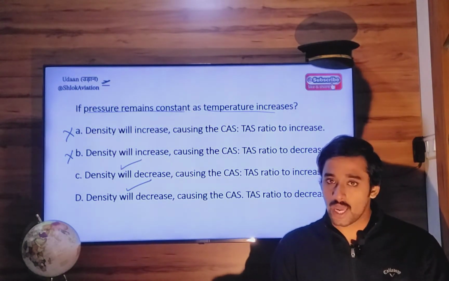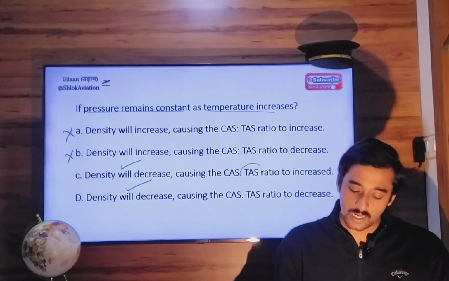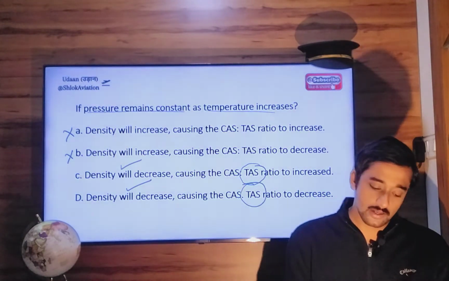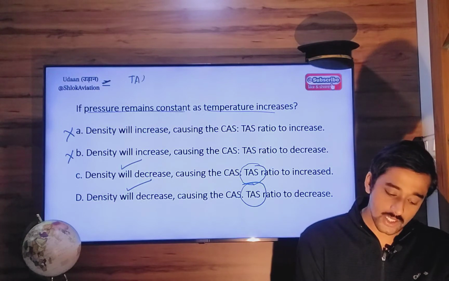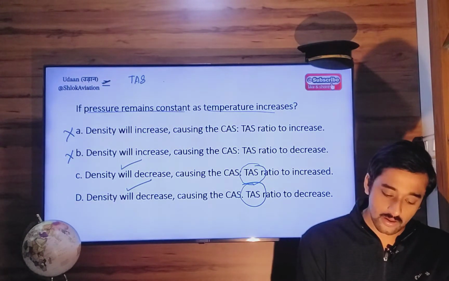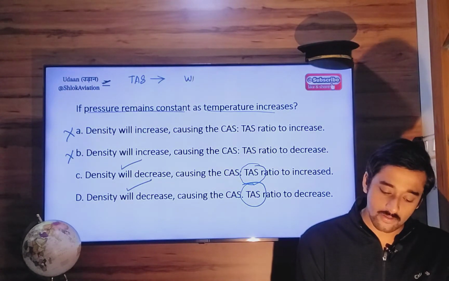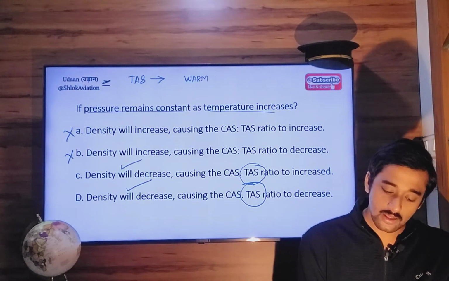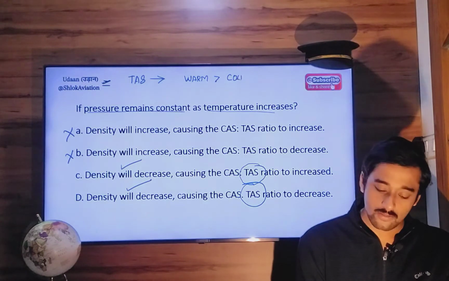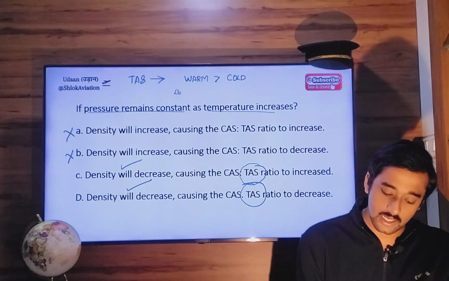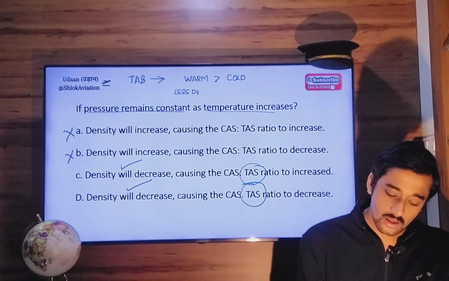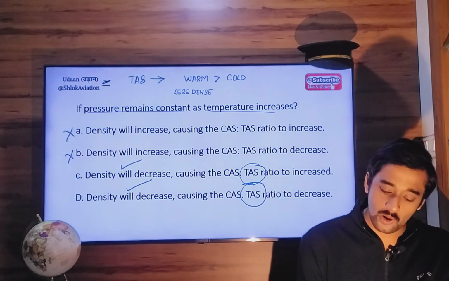So nothing will happen to calibrated airspeed, but what will happen to true airspeed? Now true airspeed, remember this, is always more in warm air than cold air, meaning in less dense condition compared to more dense condition.